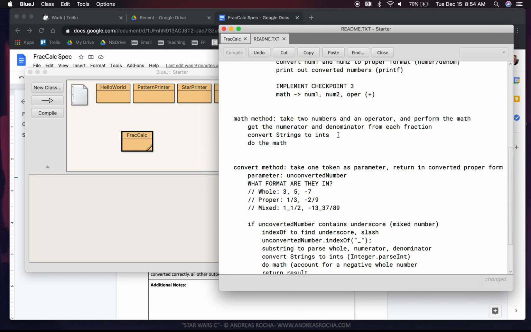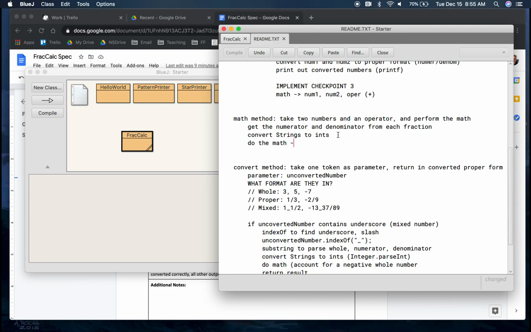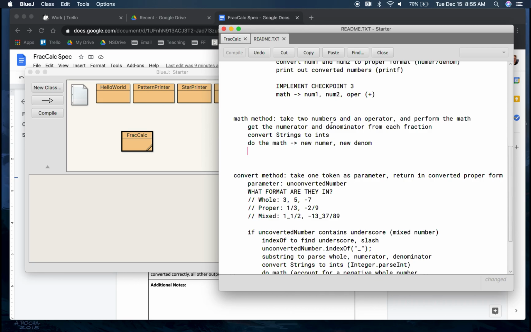So you're going to be doing a variety of multiplications and addition to do the math, because your objective here is going to be to get the new numerator and the new denominator. And then what I would do is I would make sure that this method returns a string, and I would concatenate together your new numerator and your new denominator, right?